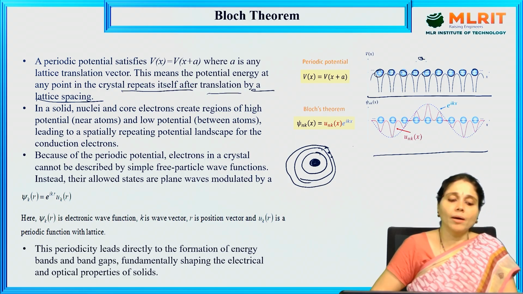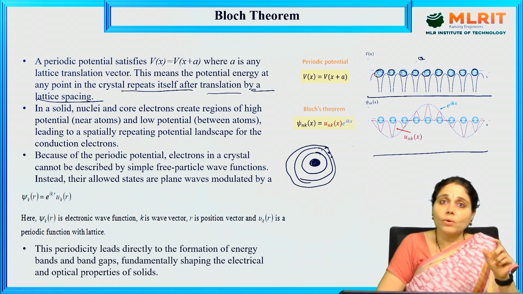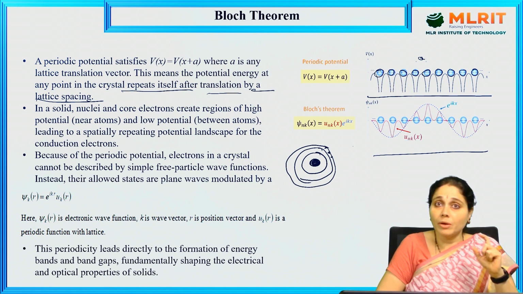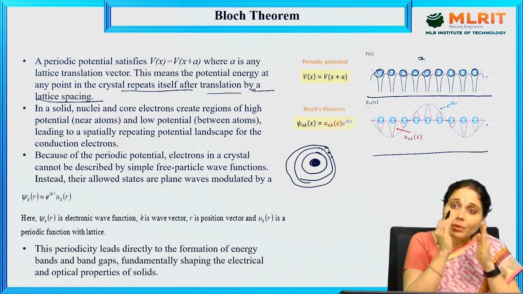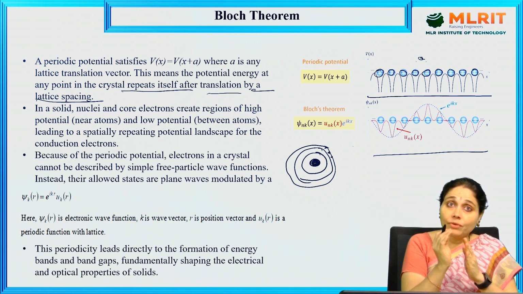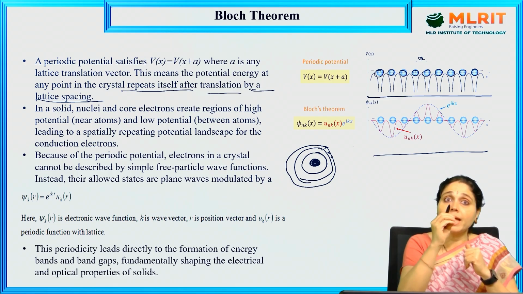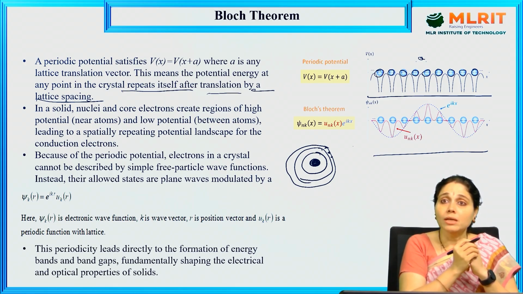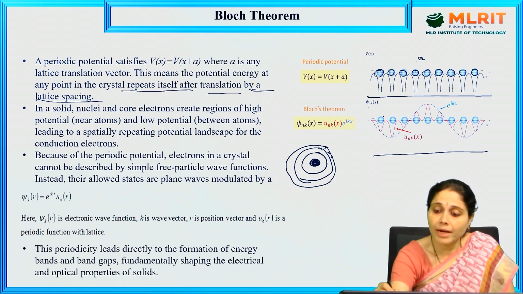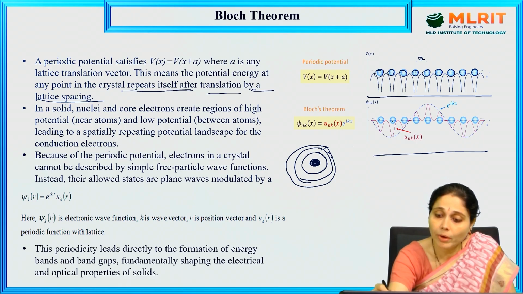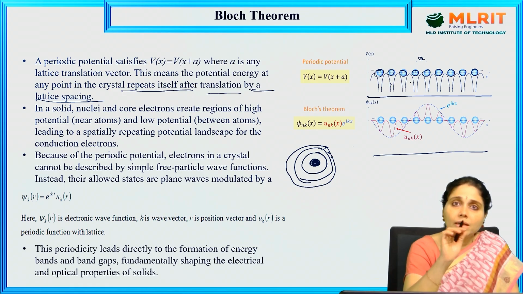Here in a solid, the nuclei and electrons create regions of high potential and low potential between atoms. There will be low potential between atom and atom, and high potential near the atoms. So high potential can be found near the atoms, and low potential can be found in between the atoms, meaning atomic transitions between the atoms.